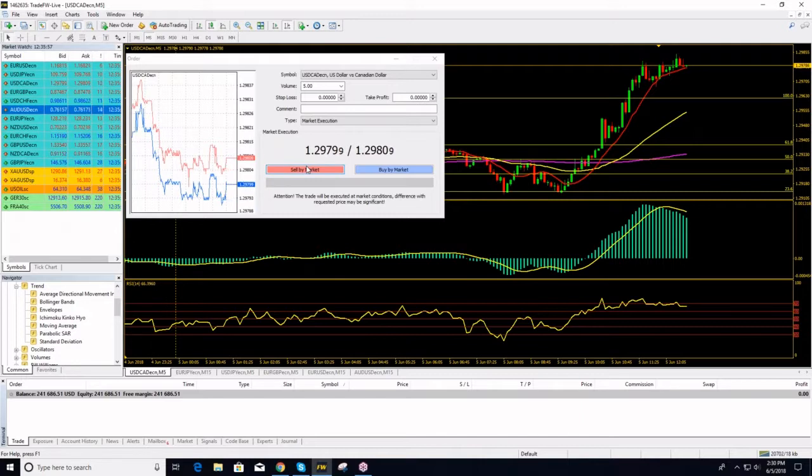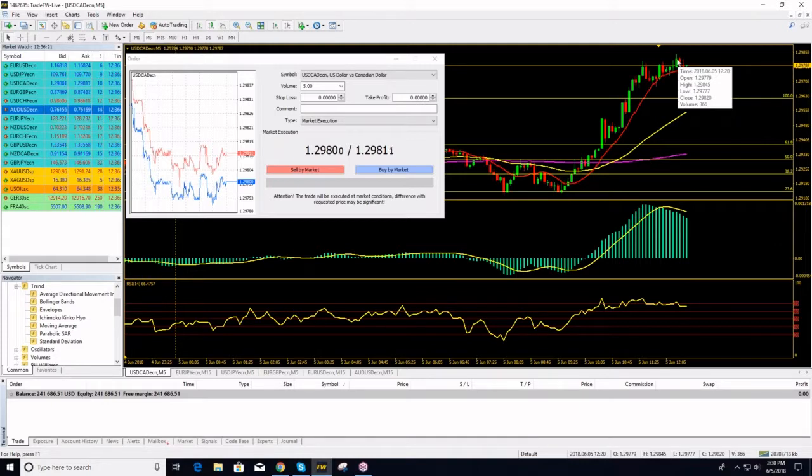Ready to shoot. 4 minutes remaining to initiate a short position on USD CAD.